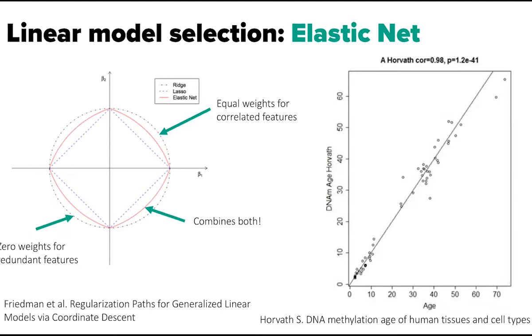We use this model for one more reason, because there is a successful example when one more aging clock, but built on DNA methylation, was built using the ElasticNet model. And here on the picture, we can see how good the model is. So we see age and some feature built on the methylation, and this aging clock actually still has the best accuracy among all the other methylation clocks. That's one more reason for choosing this model.